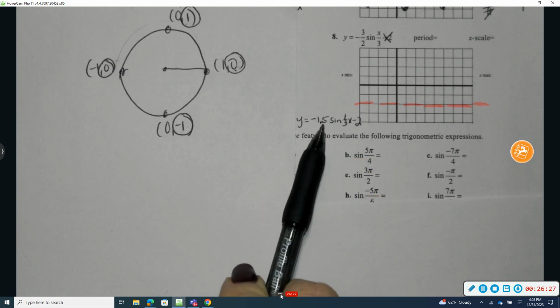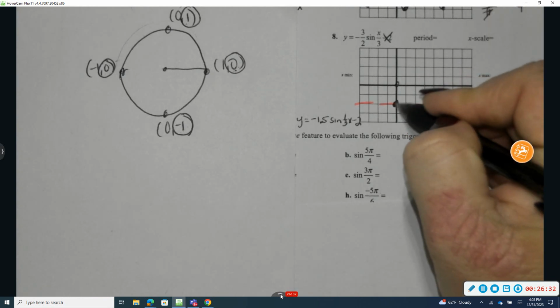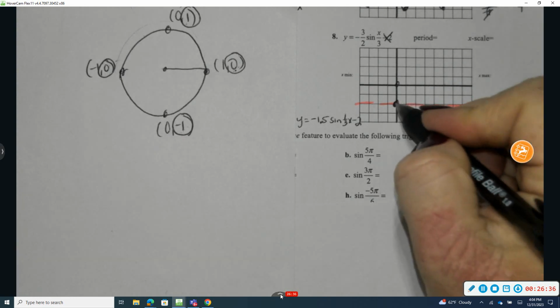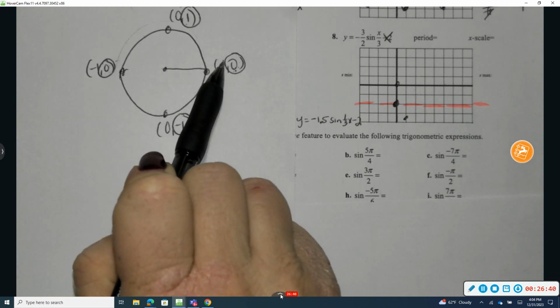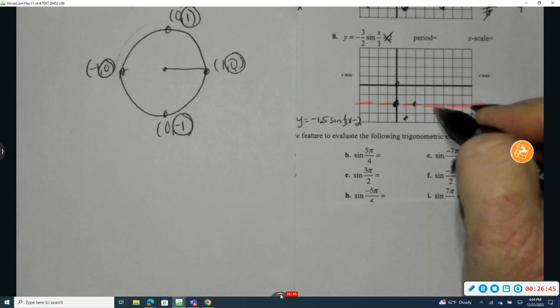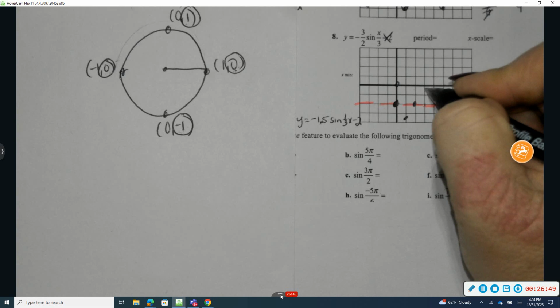I'm going to take negative 1.5 times 0. I still get 0, but I'm not going to do it here. I'm going to do it where my new origin is. Then I'm going to take 1 times negative 1.5. And I'm going to take step 2. So here's starting, step 1, step 2. 0 times negative 1.5. Step 3, negative 1 times negative 1.5 is a positive 1.5.